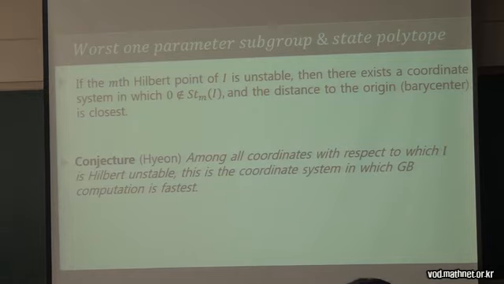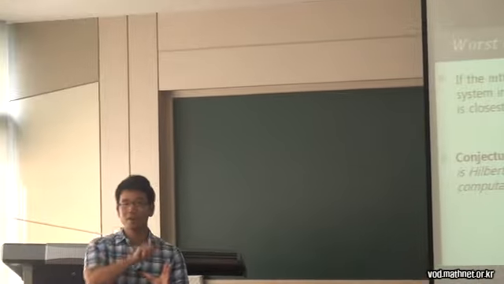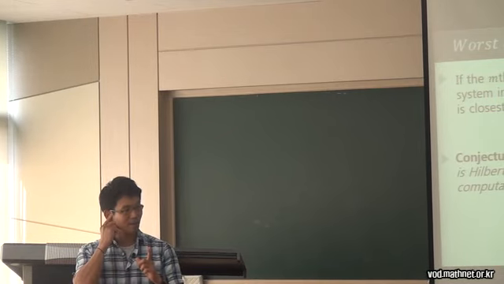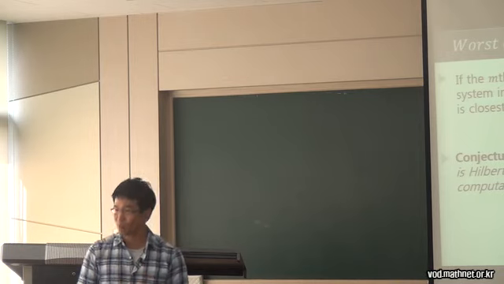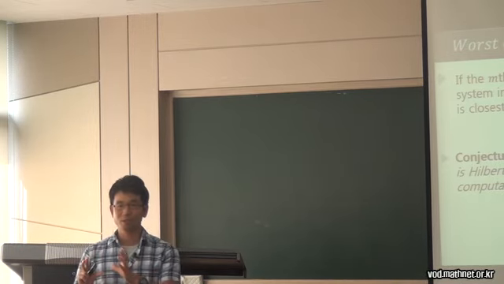All right. So if you think about this statement, then to compute the state polytope, you have to compute the universal Gröbner basis. The exponent vectors are exactly the exponents of the Gröbner basis members, right? So it's related to the Gröbner basis computation.